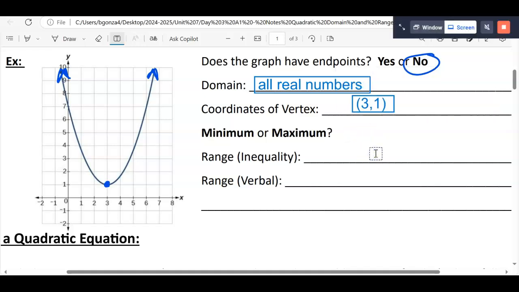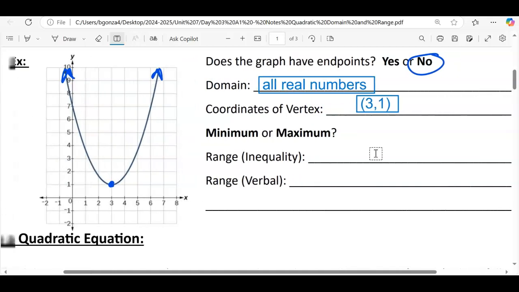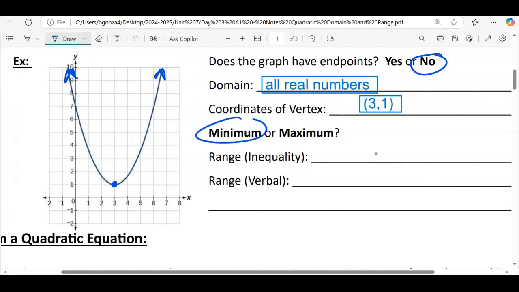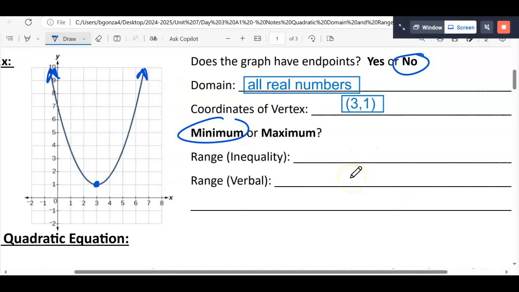And you tell me if it's at the bottom of a U shape, is that a minimum or a maximum? Minimum. Okay. Minimum. Do you know that? I just said it. Minimum is at the bottom. Now, how do you say that range as an inequality?